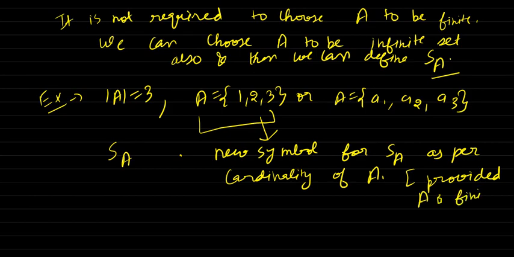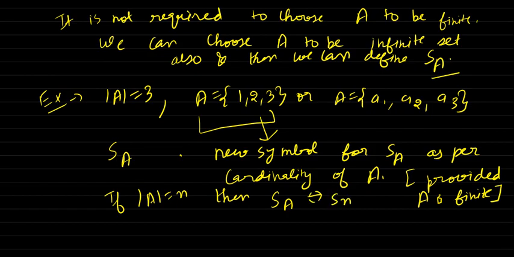This new symbol is used only when the set A is finite. And how is the new symbol defined? If the cardinality of A is n, then we replace S_A by S_n, and we are assuming that A looks like the earlier way we defined.